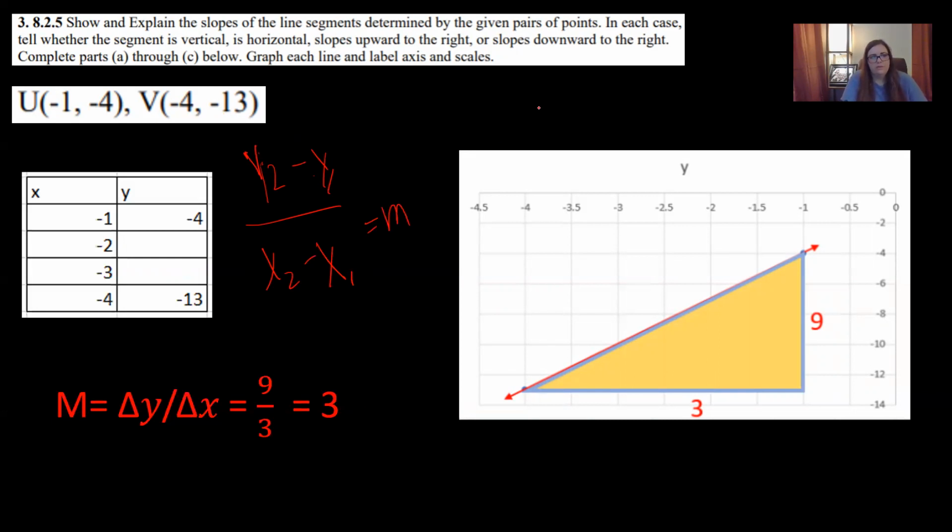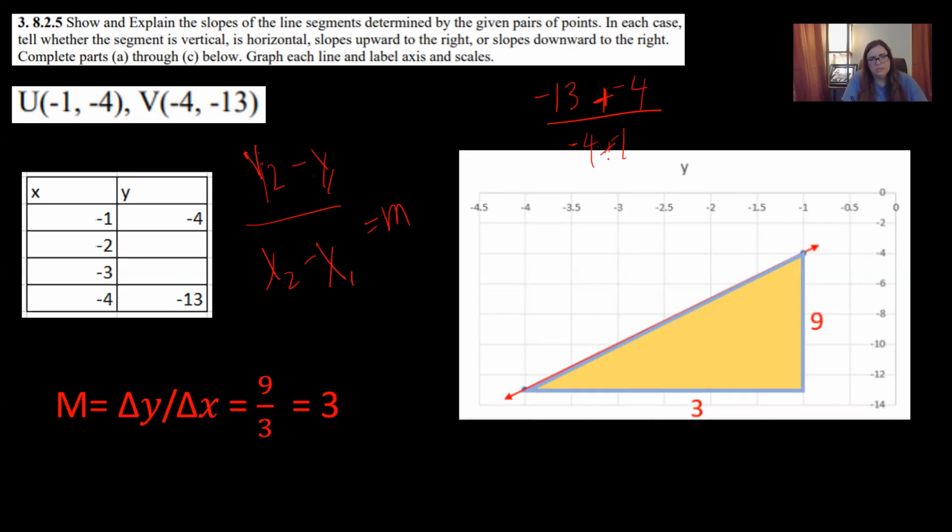So we have negative 13 minus negative 4, which is plus, and then negative 4 minus negative 1, which is a plus.